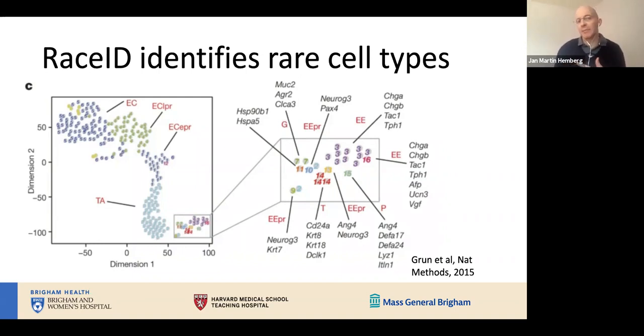One example is the RaceID method, which is originally based on k-means clustering, but then has special extra steps that allow it to more carefully look at the outliers and make sure that they actually correspond to real biological clusters and not technical noise.